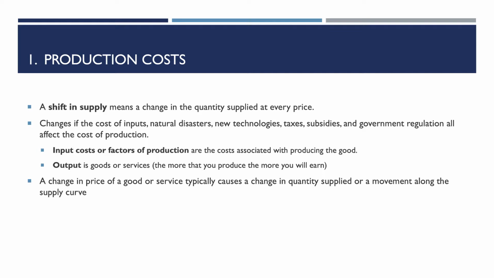Conversely, if a firm faces higher costs of production, then it can earn lower profits at any given selling price of its products. As a result, a higher cost of production typically causes a firm to supply a smaller quantity at any given price. In this case, the supply curve shifts to the left.